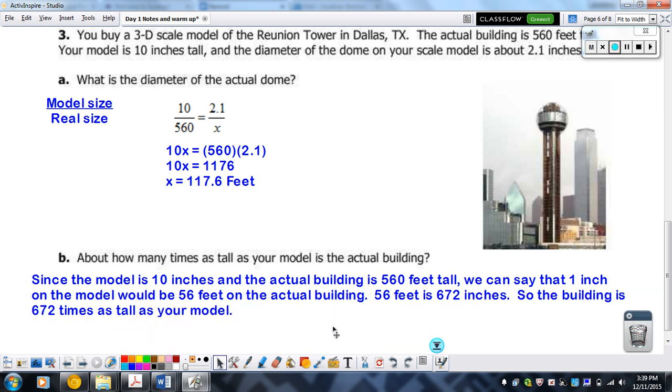So because 1 inch is 672 inches, the building is actually 672 times as tall as your model.